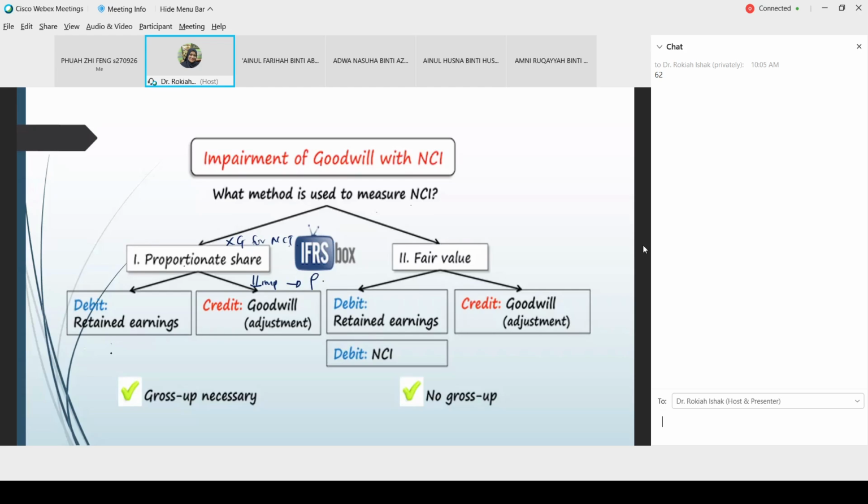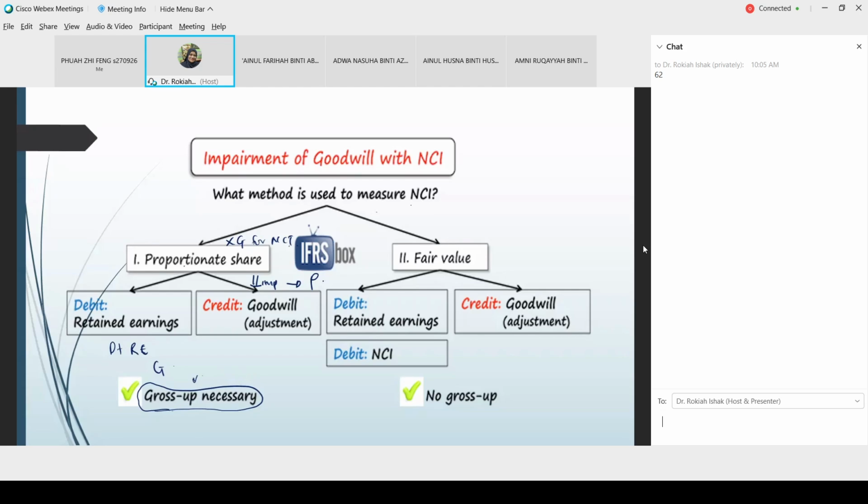So the journal entry here will be debit RE, credit goodwill, where the credit to goodwill is the amount of the impairment loss. And then please gross up if necessary. Later on you will understand what gross up is. It means that if you use a proportionate method, we need to gross up the amount of the goodwill. Later on in the example, you will understand what a gross up is here.